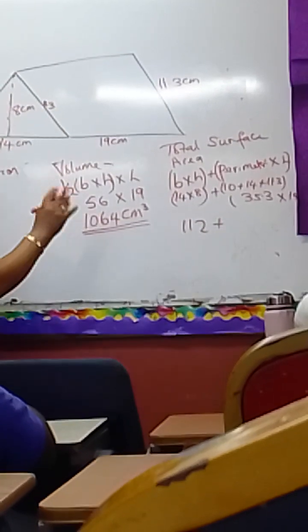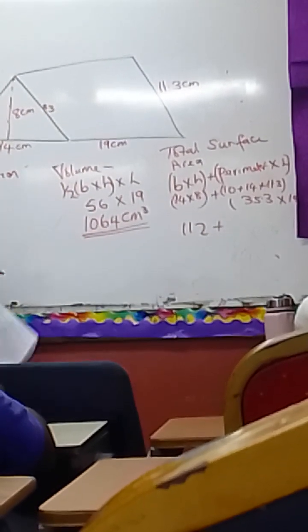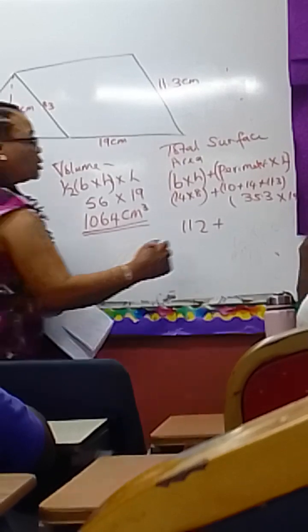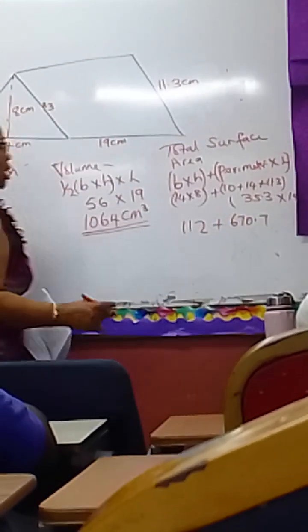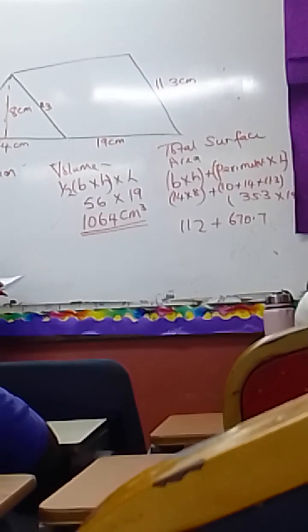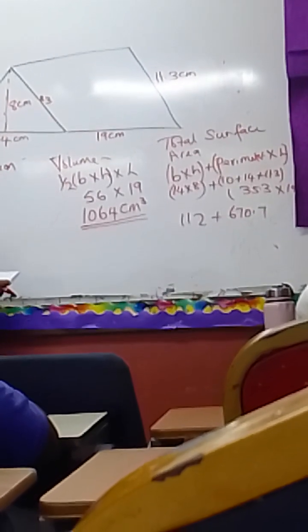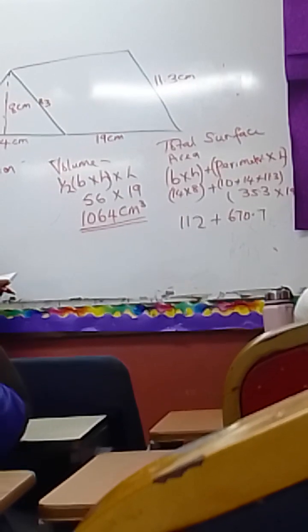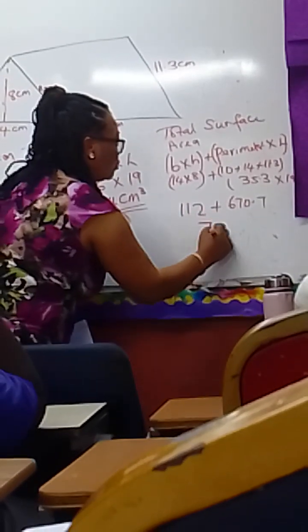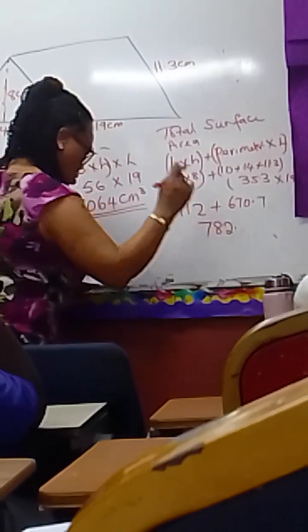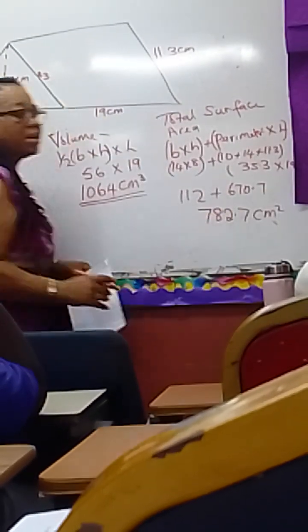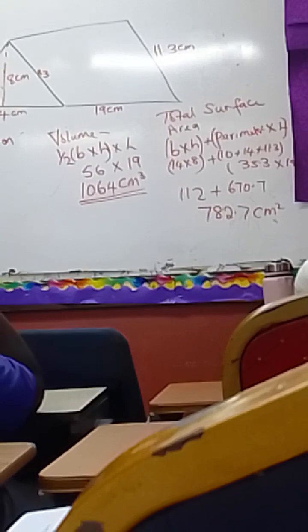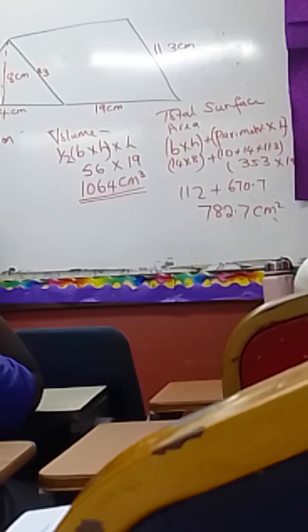Plus 35.3 times 19, which is 670.7. And now we're going to add those two together. 782.7 centimeters square, because we're finding the total surface area of the shape.